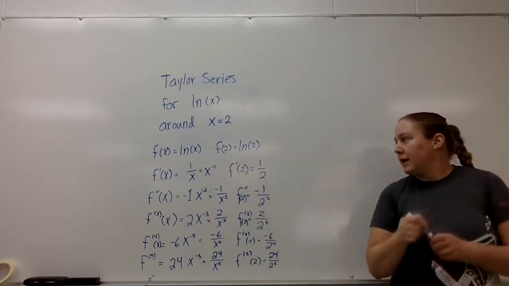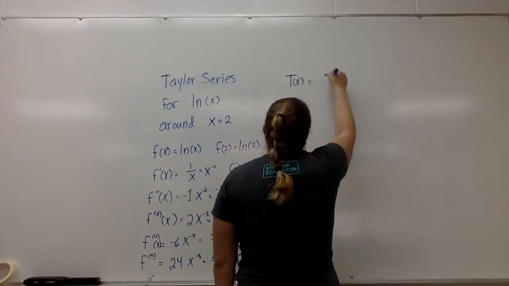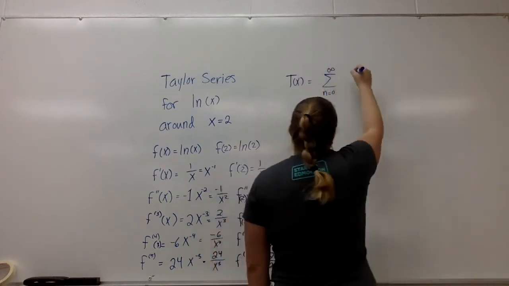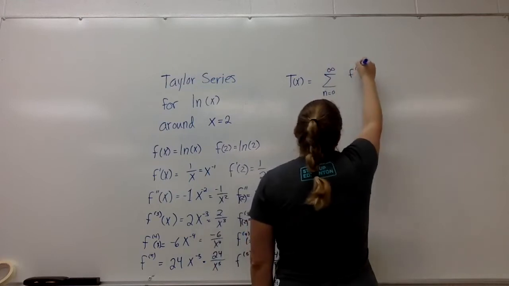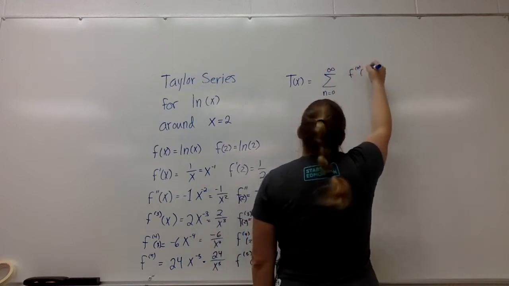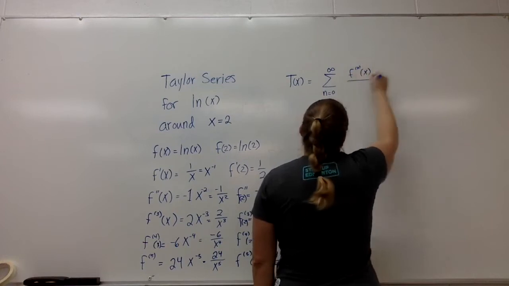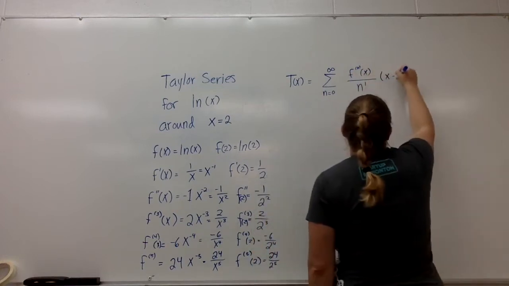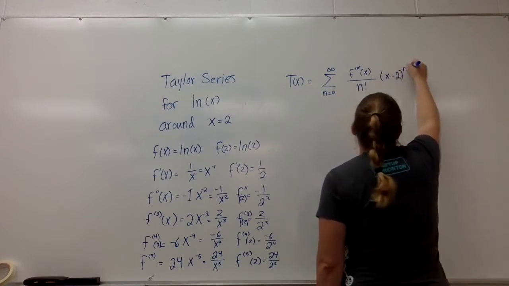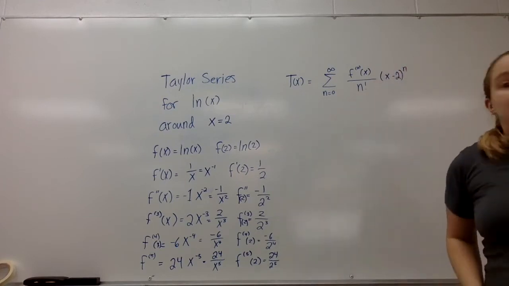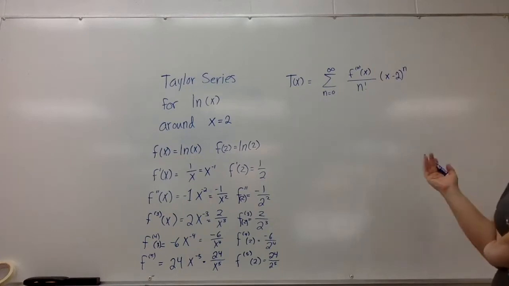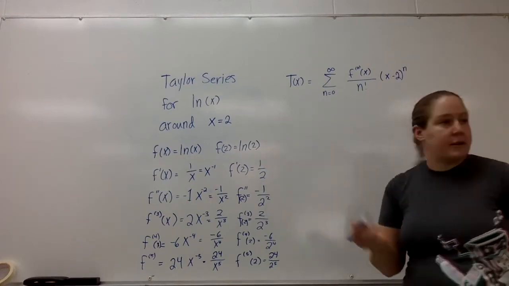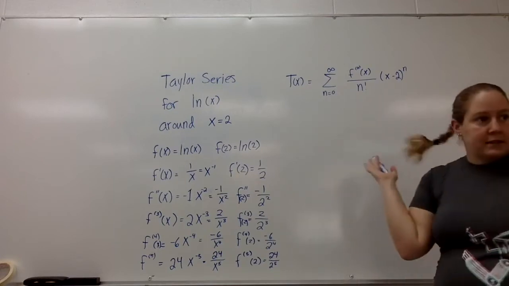So when we're making our Taylor series, the formula is the sum from n equals 0 to infinity of the nth derivative at x over n factorial times x minus 2, not factorial, to the n. So this is our formula, but we're going to have trouble getting this first one, the 0th term, to fit into this form.